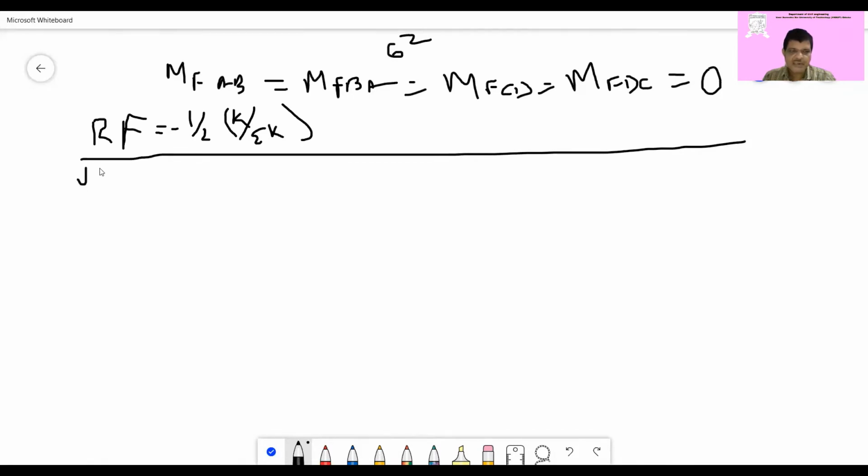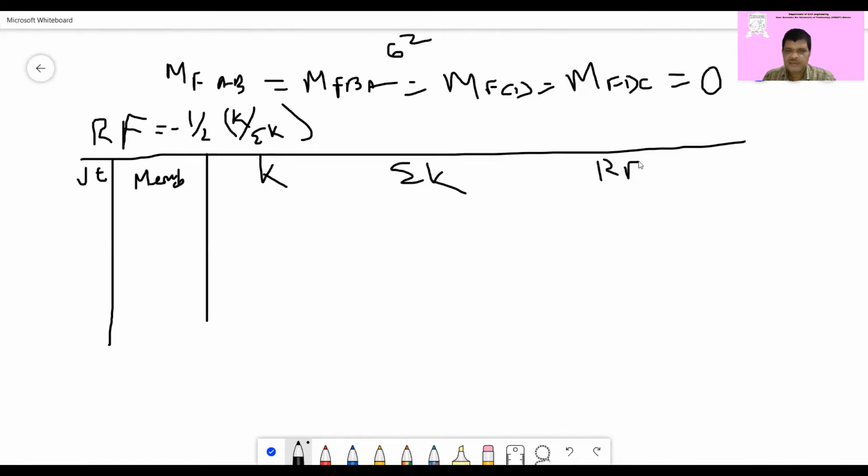So let us write this thing. So this is a joint. Now we'll get the members. Then you have K. Then you have sigma K. And then you have the RF.